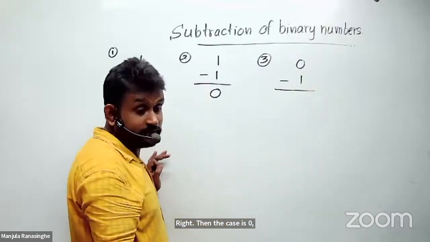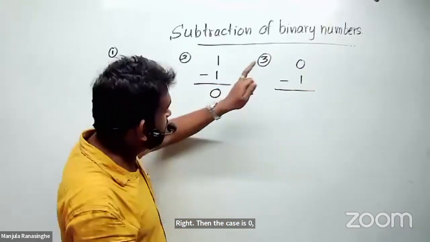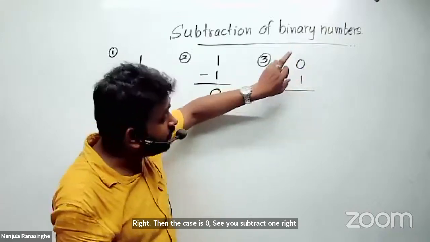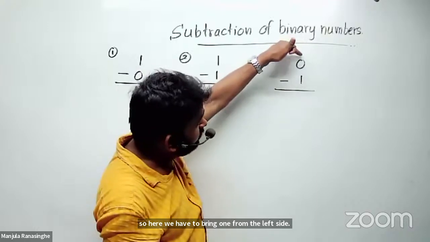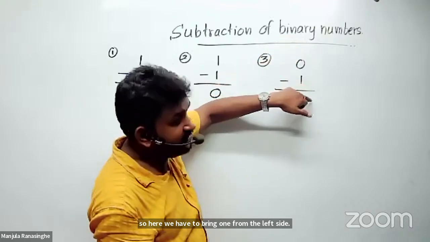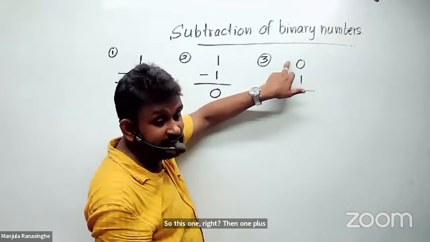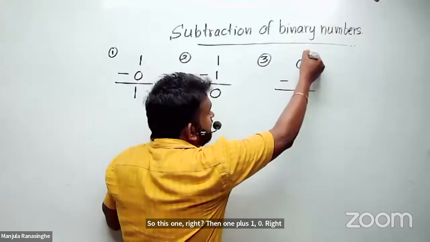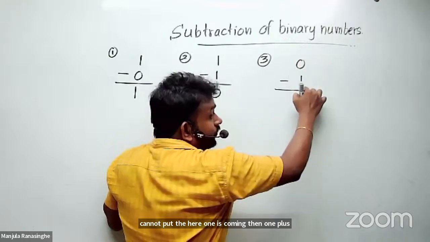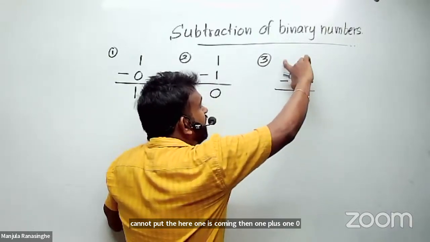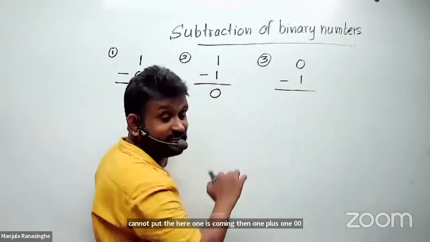0 subtract 1. Right. So here we have to bring 1 from the left side to this one. Right. Then 1 plus 1, 0. Right. Then we cannot put the here 1 is coming. Then 1 plus 1, 0. Sometimes here may have 2 plus 1, 1.